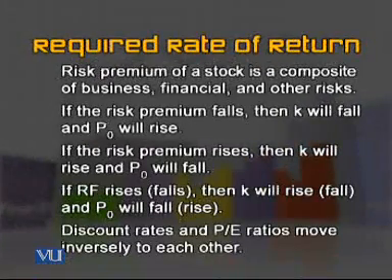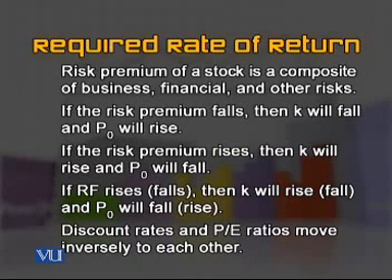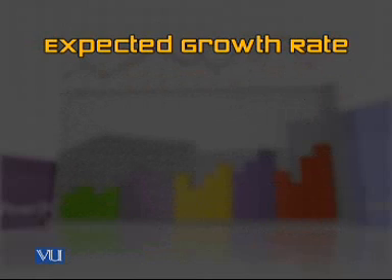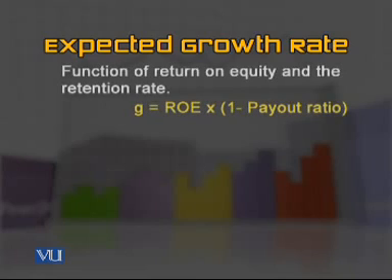So the important thing for us to understand is that the rise in risk premium and the rise in riskless rate of returns are all correlated with each other for us to understand the return and the required rate of return. Which brings us to the expected growth rate. How are we able to understand the expected growth rate, which is a function of return on equity, ROE?